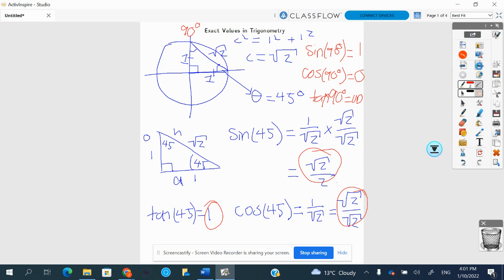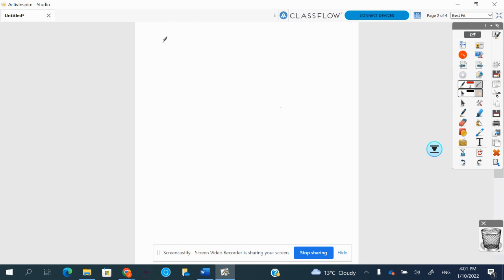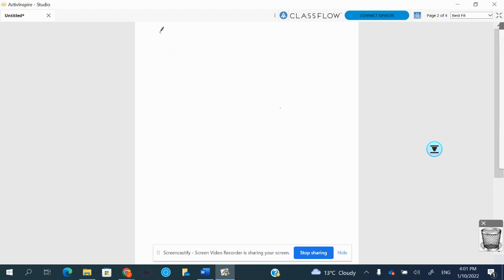Let's have a look at another triangle that we can use for exact values. If you were to type into your calculator sine of 30, you will get a value of 1/2. We can use this to form a new triangle. So here is a right angle triangle with the 30 degrees. And since sine functions equal opposite over hypotenuse, 1 over 2 for 1/2.